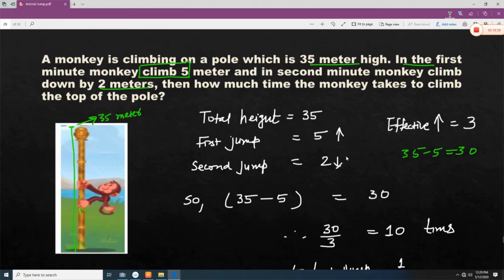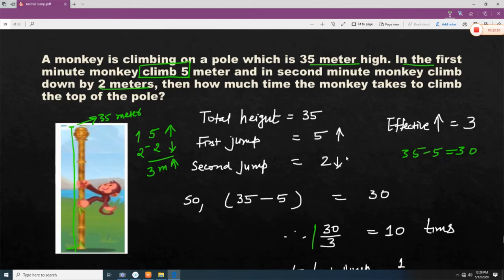Now we have to check what is the effective meter of climbing. So in the first minute 5 meter up, and in the second minute the monkey climbed down by 2 meters. So it is 2 meters down. So every 2 minutes the monkey is climbing 3 meter up. Are you clear?